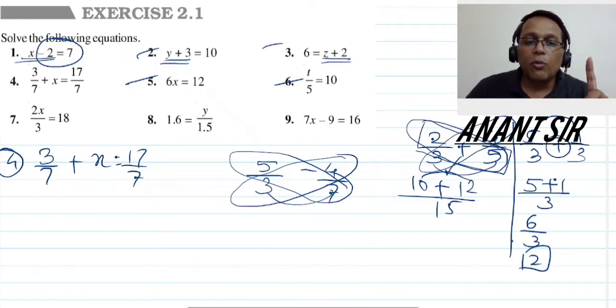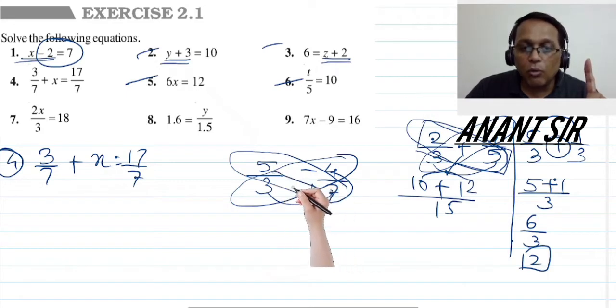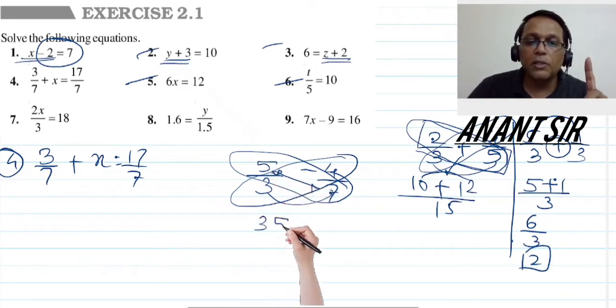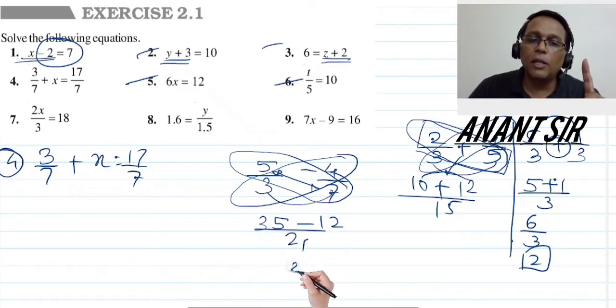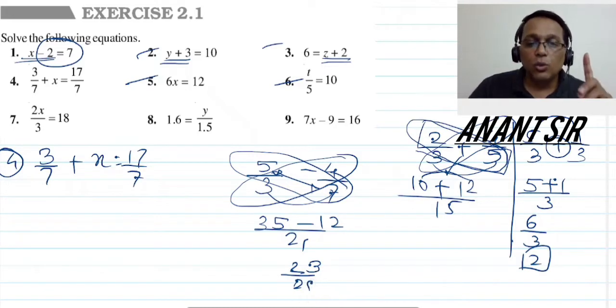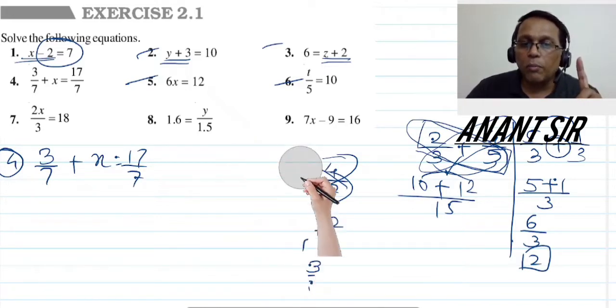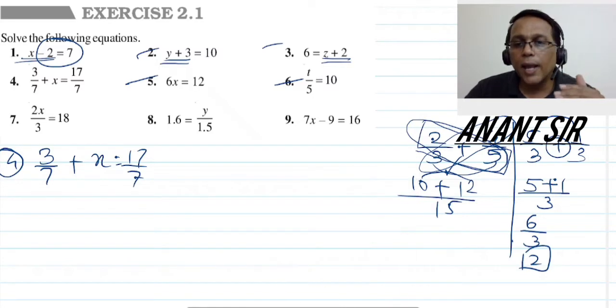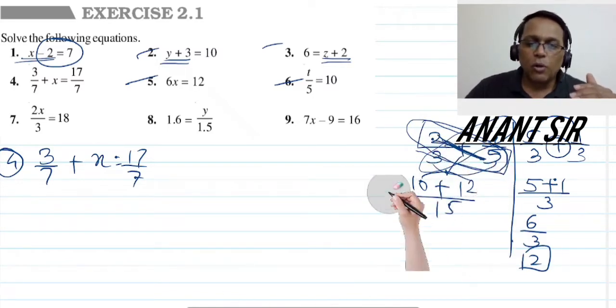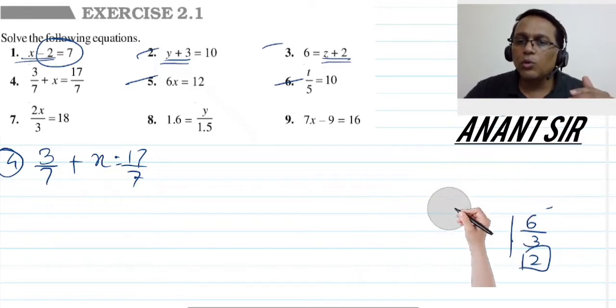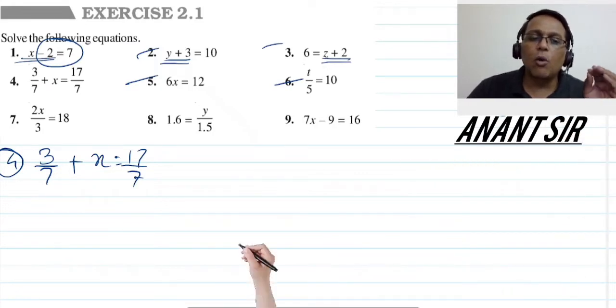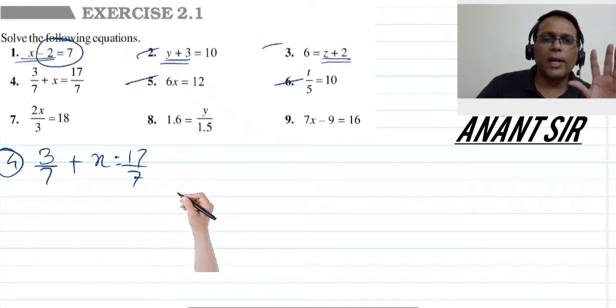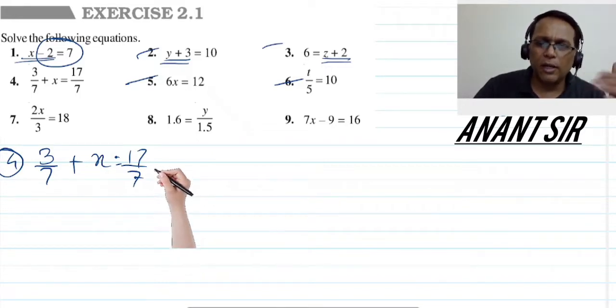But if you had done it like this, first you have to multiply 5 and 7, then it will be 35 minus 3 4s are 12, then 21, then your answer would have been 23 by 21. So this is very important thing to remember, that first you have to multiply 2 into 5 first. There is one LCM method also, in which you make the denominator same by taking their LCM. I will explain that after some time.